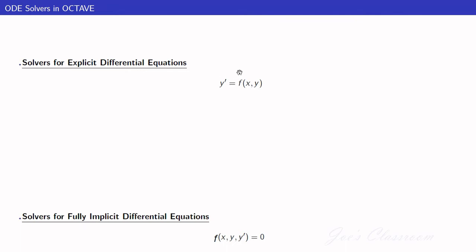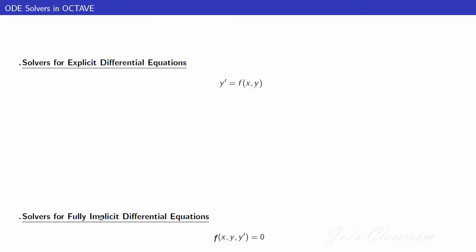If you look at this form, you are able to see that this y dash, or dy by dx or dy by dt, anyhow the first order differential term, can be separated in that equation, and therefore we are able to write the equation as y dash is equal to f of x comma y. These types of equations we will call explicit differential equations, where the dy by dx term we are able to write explicitly.